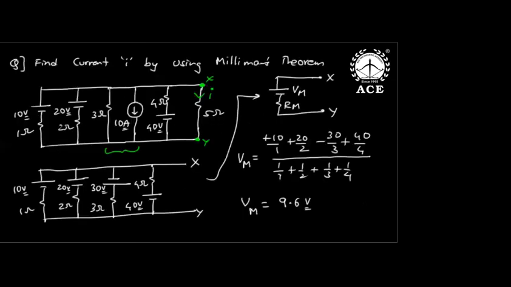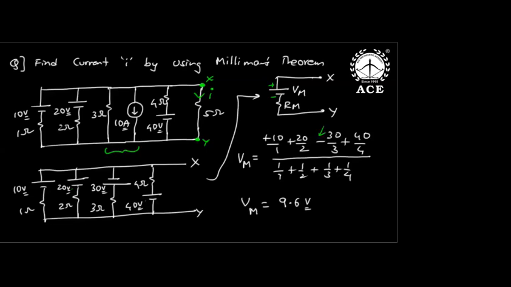Then find current I by using Millman's theorem. Because the target is to find current I in the 5 ohms, I simplified the rest of the network into parallel generator form, and then into a single branch consisting of a voltage source in series with a resistance. In my Millman's equivalent, I took X positive with respect to Y as the VM polarity. Here 10 volts, 20 volts and 40 volts are in the same polarity, but 30 is opposite, so that is why there is a minus.